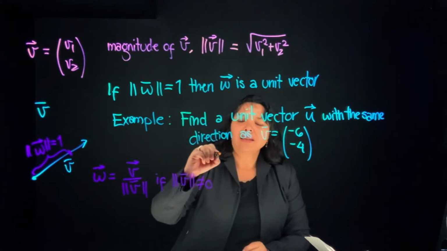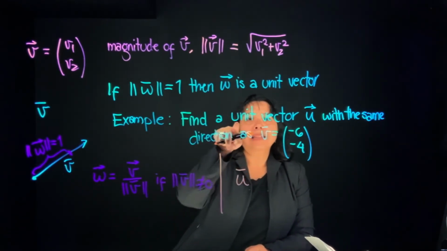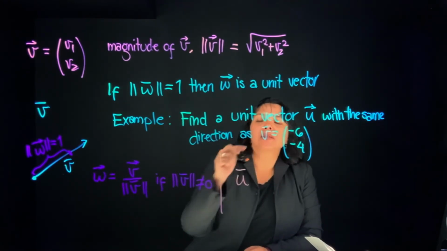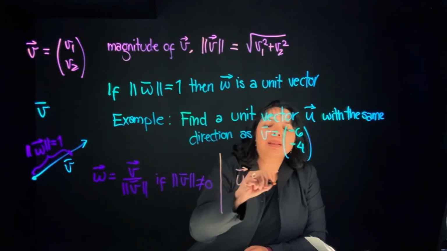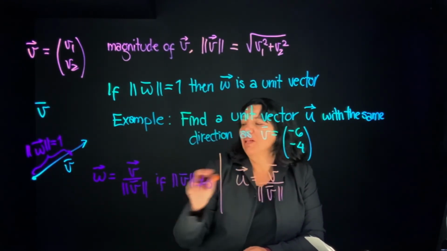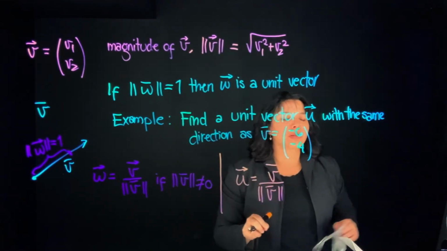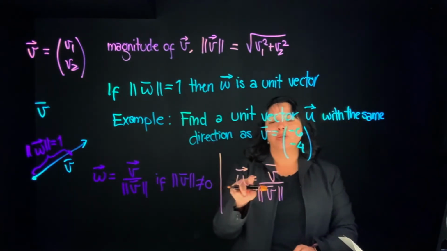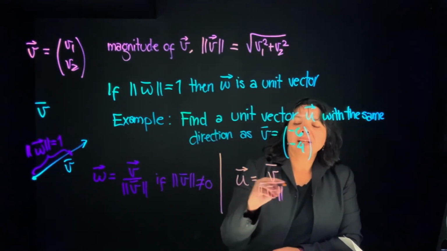So in this case, because this needs to have magnitude 1, u is just going to be my vector v divided by the magnitude of v. Right? Just this formula right here. And this makes sense because this is not the 0 vector, so the magnitude is not going to be 0 here. So what is the magnitude of v?